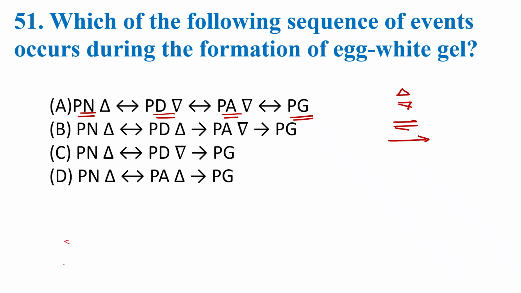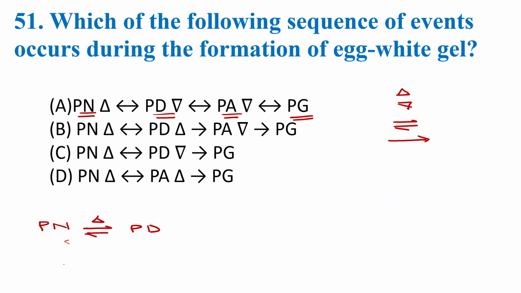First, what happens when the heating starts? The native egg white protein unfolds. So this is initially a reversible process. The native protein, when heated, forms a denatured protein.